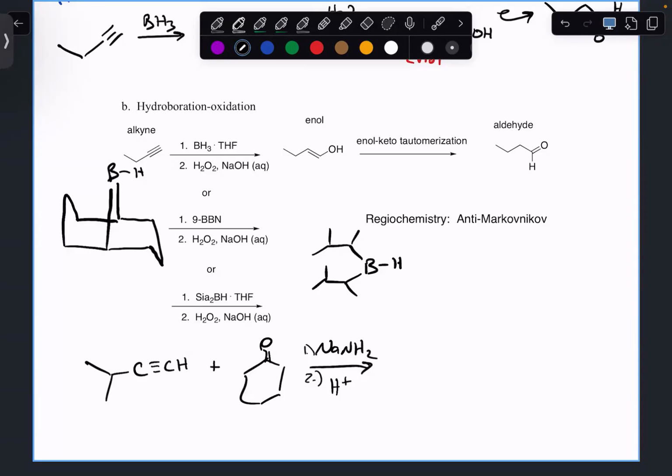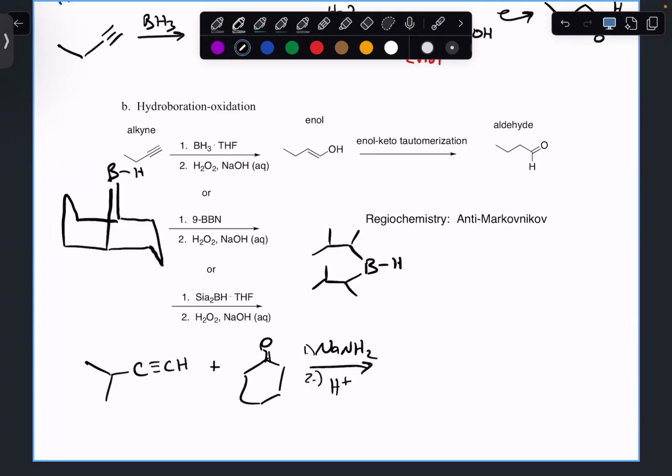So again, not that you need to know the structures of these, but only to know that they are both very, very large hindered boron compounds that can deliver only one hydrogen. Okay. So again, only know this just to recognize the names. If you ever see 9-BBN or that disiamylborane compound, all you need to know is that these are the ones that are used to hydrate alkynes.